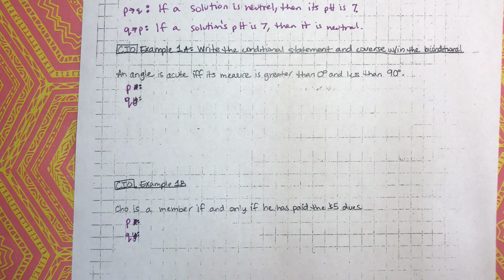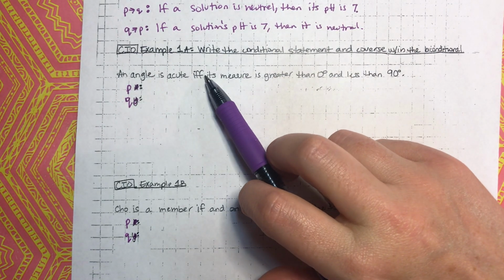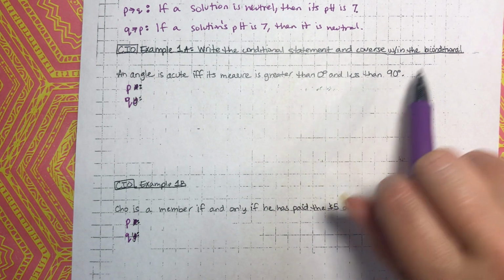All right, we're back. Let's see how we did. It says an angle is acute if and only if, IFF, its measure is greater than 0 and less than 90 degrees.